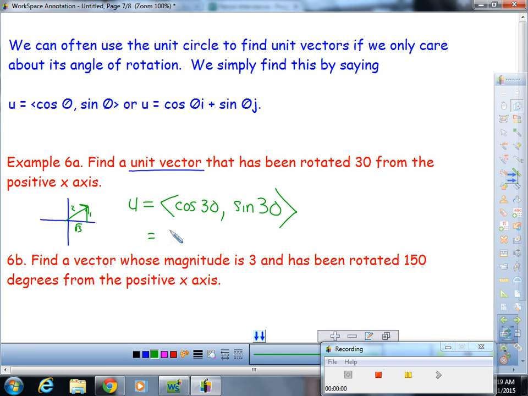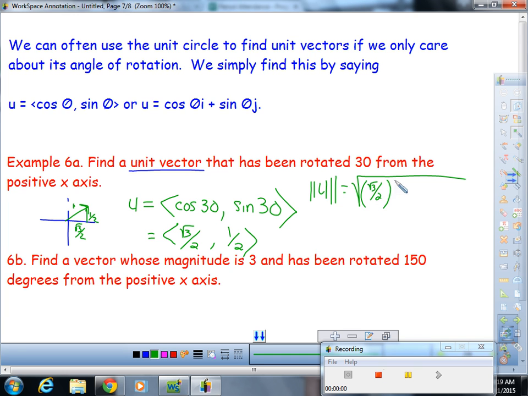Let's see, we want this to be 1/2, 1, and radical 3 over 2. So that's going to be radical 3 over 2, comma, 1/2. And just to remind you, the magnitude of u is equal to, let's just see what that is, radical 3 over 2 squared.